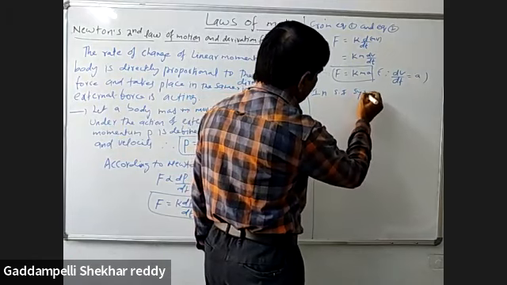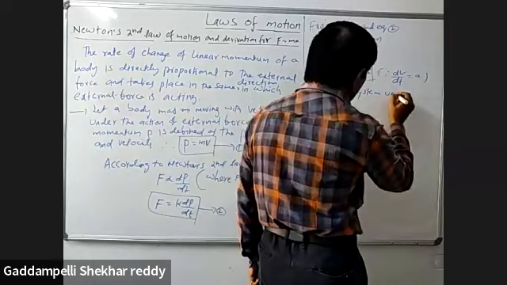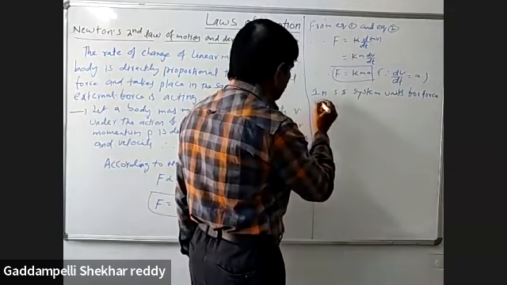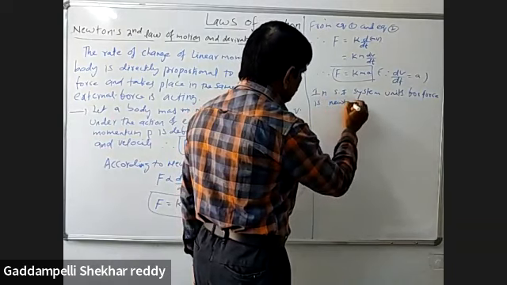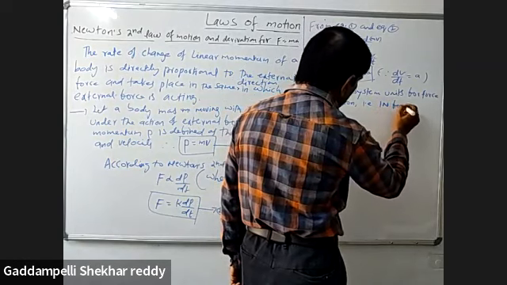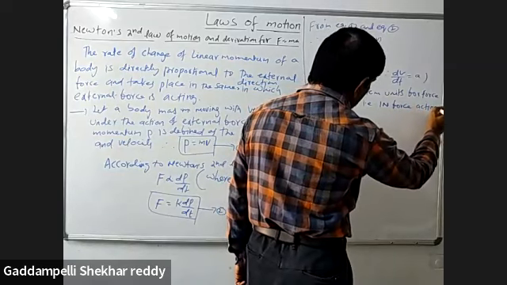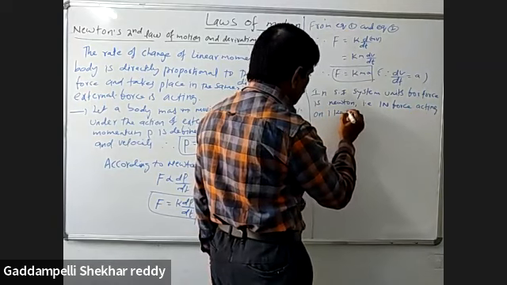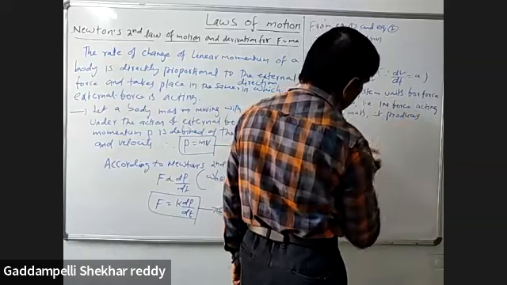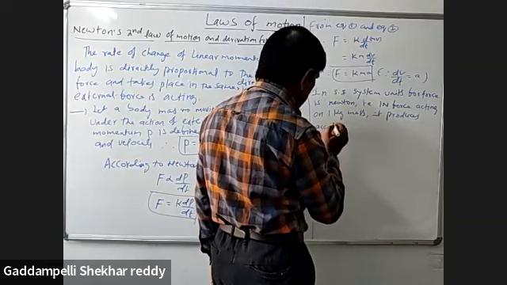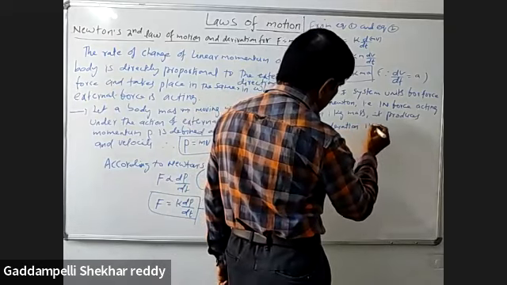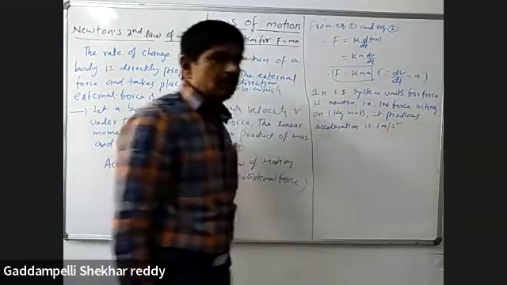In the SI system, the unit of force is Newton. 1 Newton force acting on a 1 kg mass produces an acceleration of 1 meter per second square.